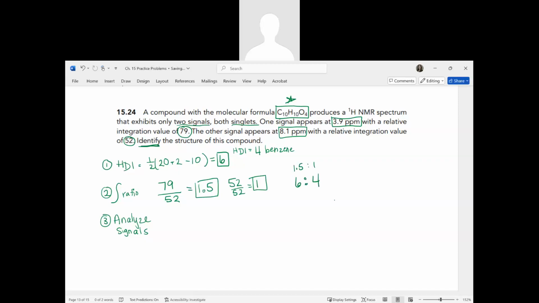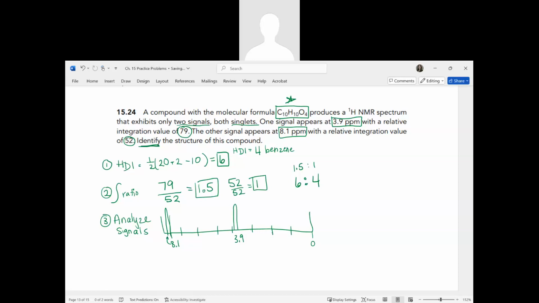So let's look at each of these signals individually now. We have one signal at approximately 3.9, and our other singlet at 8.1. What can these mean?